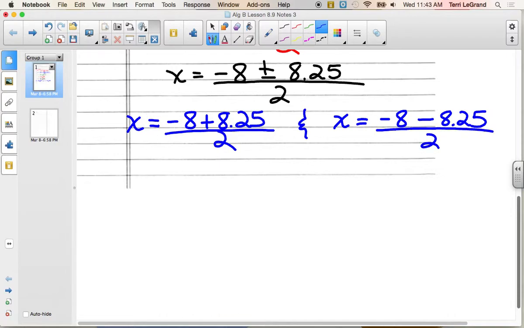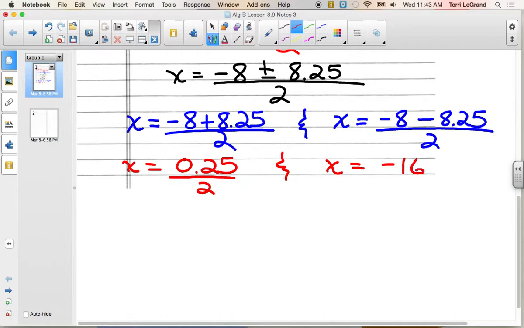Don't shortcut this step, write it out. So in the next step, for this one I'm going to have x equals 0.25 divided by 2. And in this one I'm going to have a negative 16.25 divided by 2.